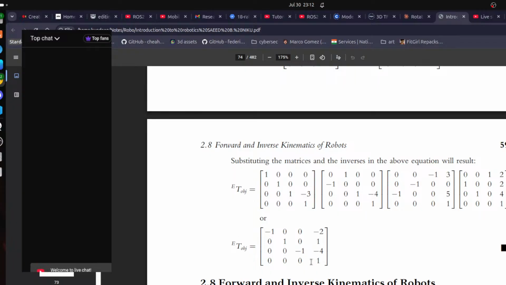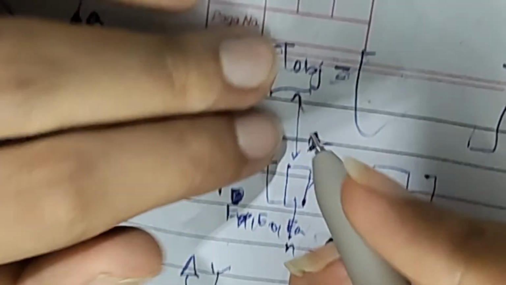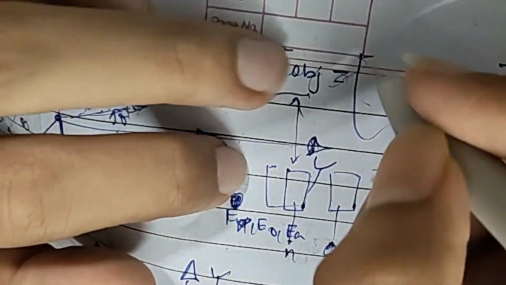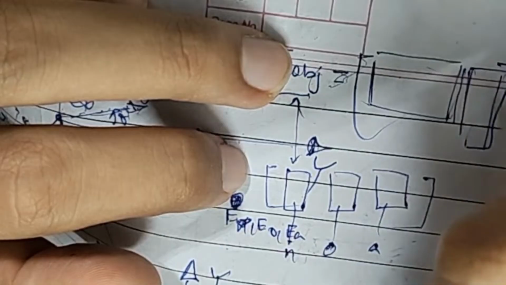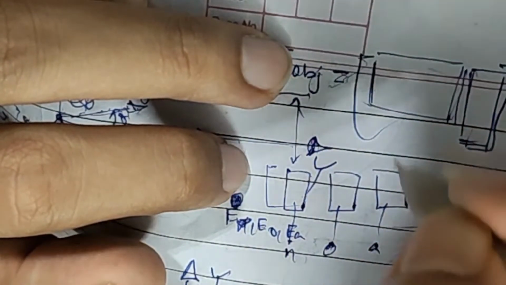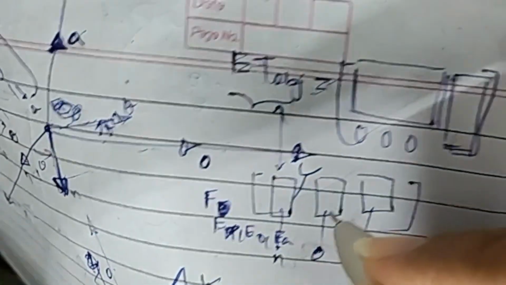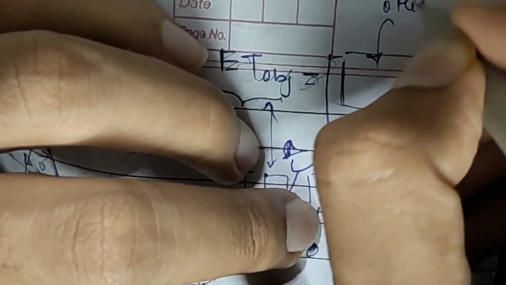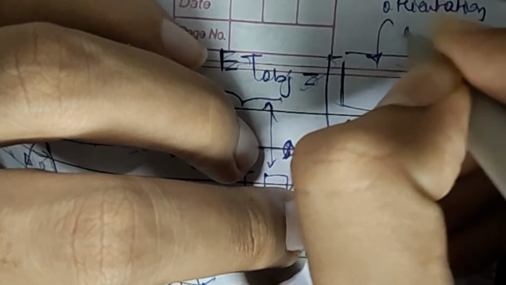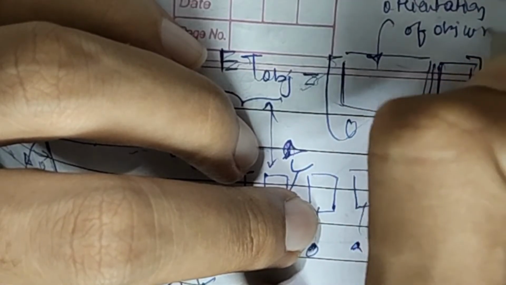And the way I would do that is, okay, so basically, this is the orientation of the object with respect to the end effector.